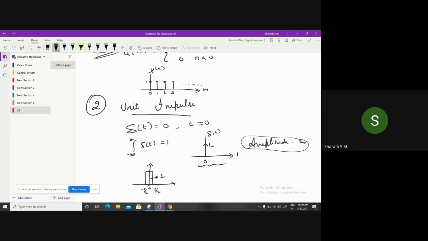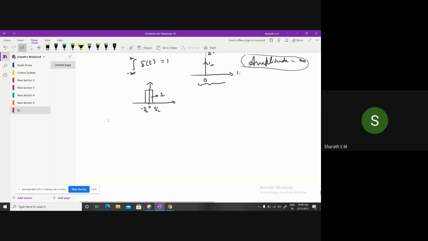The same way, write down for the discrete signal. For a discrete unit impulse function, delta of n is equal to 1 for n is equal to 0, and 0 for n not equal to 0.